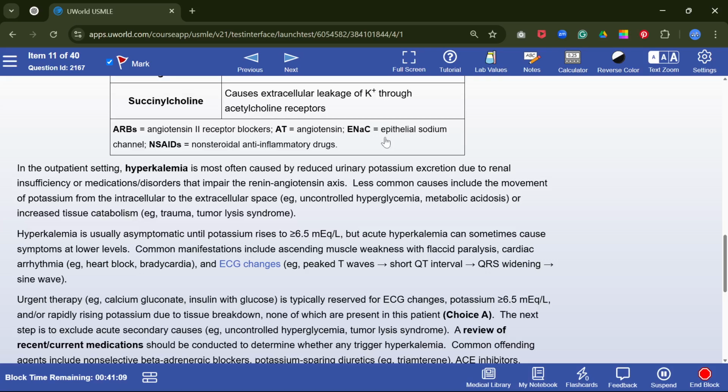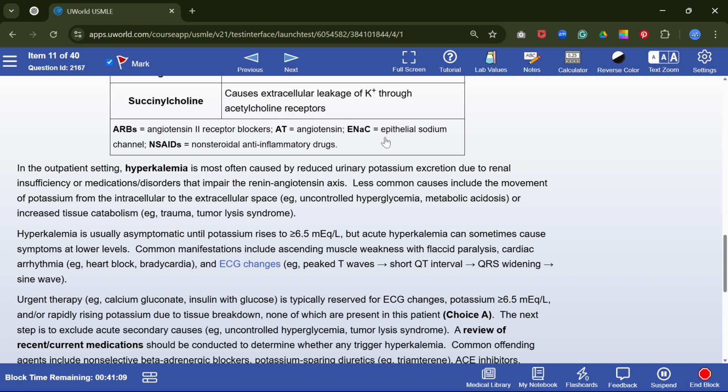Less common causes include the movement of potassium from the intracellular to extracellular space, uncontrolled hyperglycemia, metabolic acidosis, or increased tissue catabolism, trauma, tumor lysis syndrome.